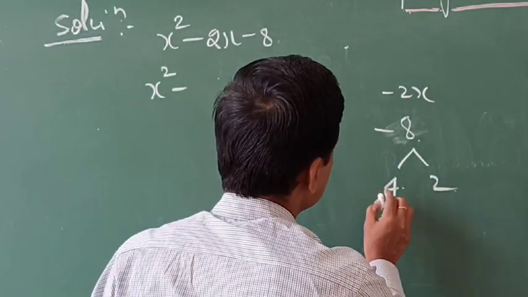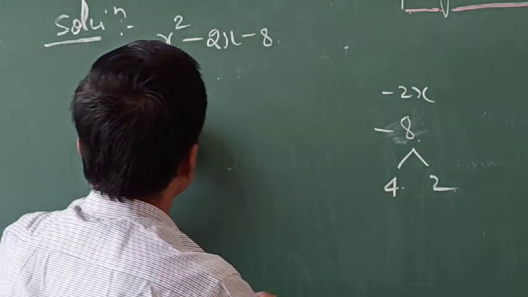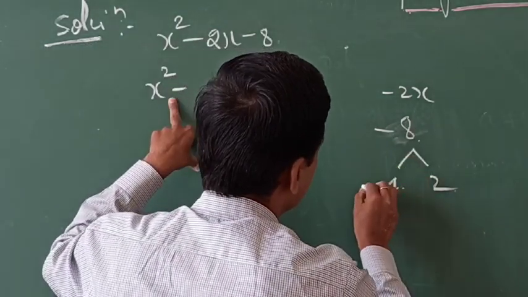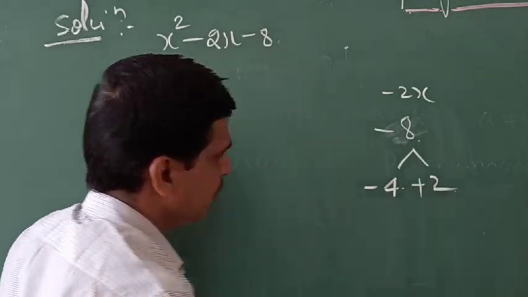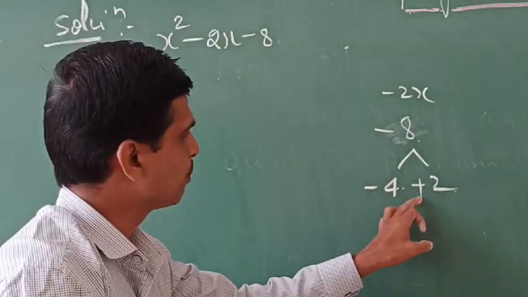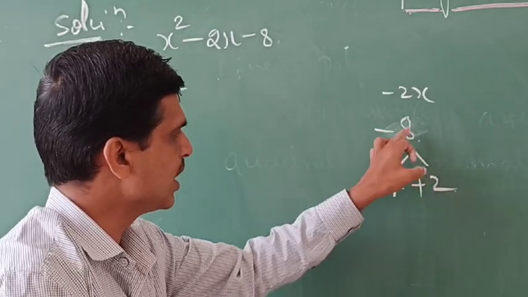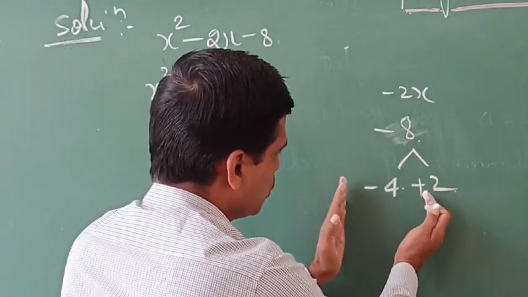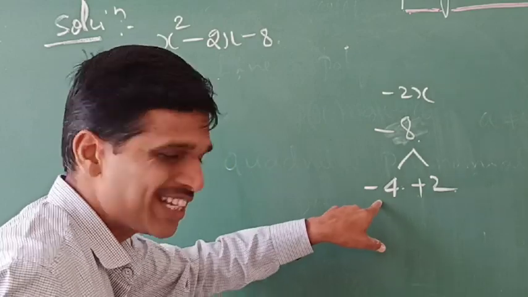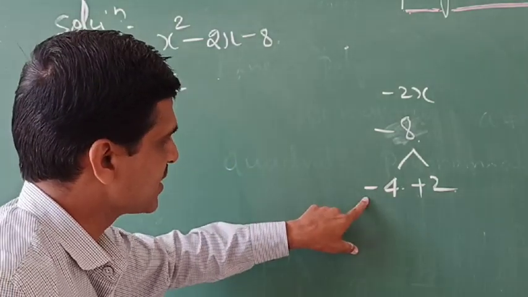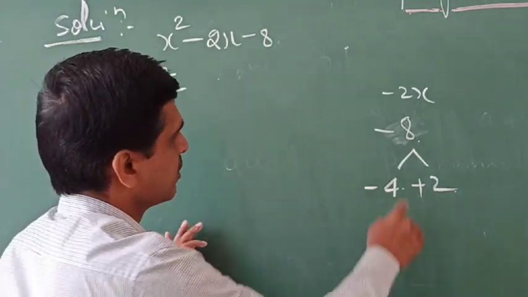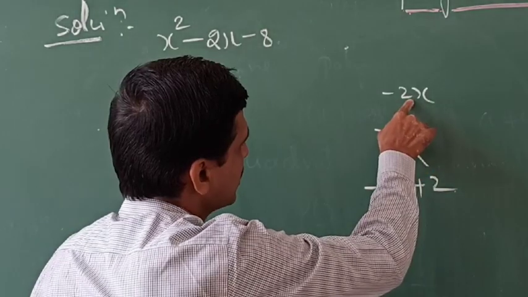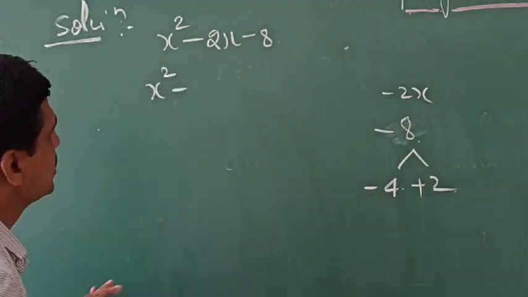Consider their signs also: one plus and one minus, because minus into plus gives minus, and 4 into 2 is 8. The sum becomes minus, because the highest number contains the minus sign. That is why 4 minus 2 gives minus 2x, because the highest number is 4.